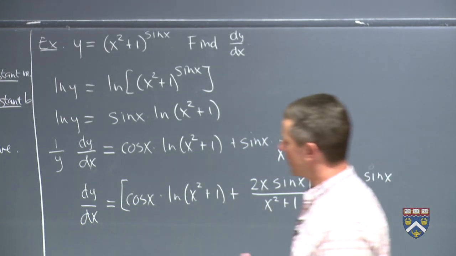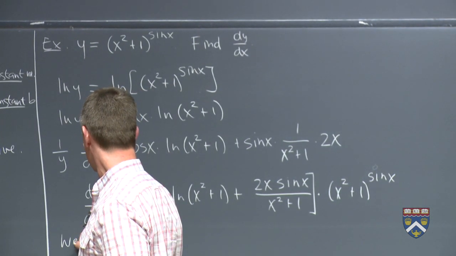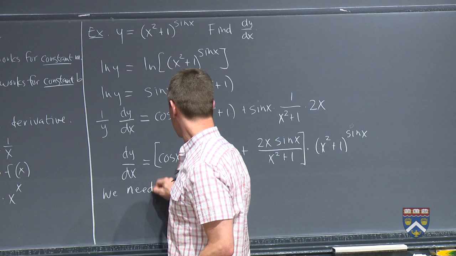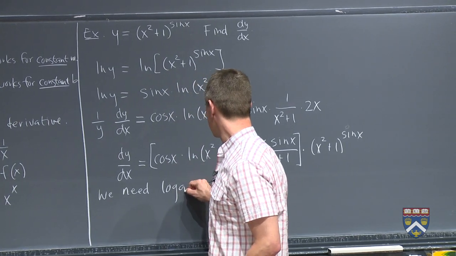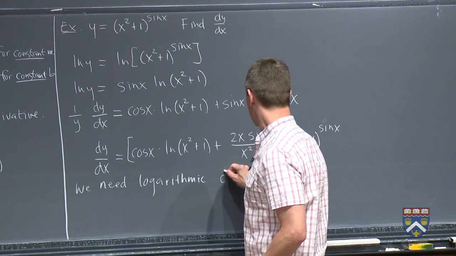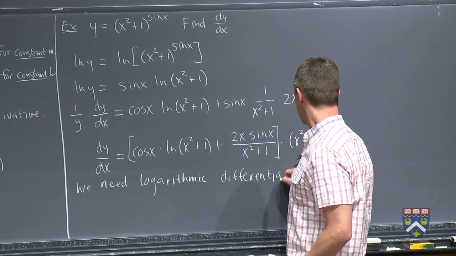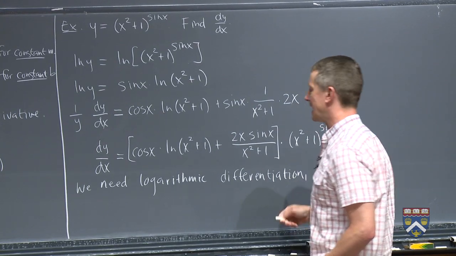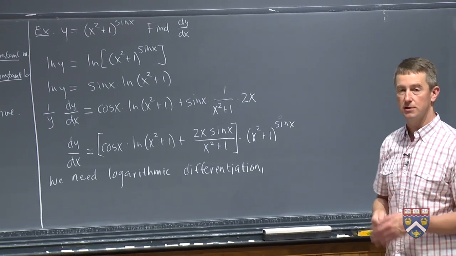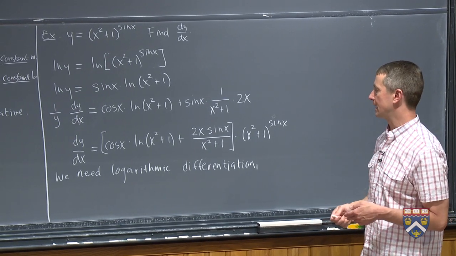So let's just write out how we know that we're going to need to use this technique. We need logarithmic differentiation. What is the situation that caused us in both of these problems to have to take the log before we took the derivative? It was the fact that we had a function with an x in it raised to another function with an x in it.